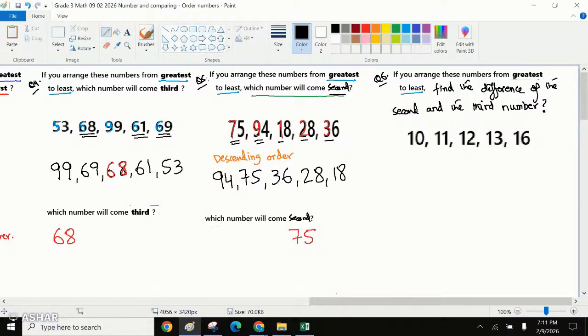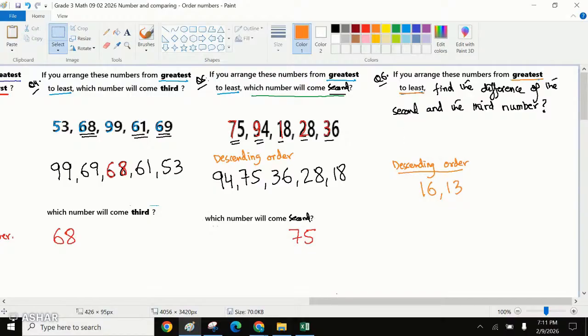First, we need to arrange them in a descending order. 16 is the largest. Then we have 13. Oh, they're already arranged. Let's take a different question. We don't even have to arrange these numbers. Let's take these numbers from the previous question. I'm just changing the numbers because those numbers were already arranged, so we did not even have to work over that.